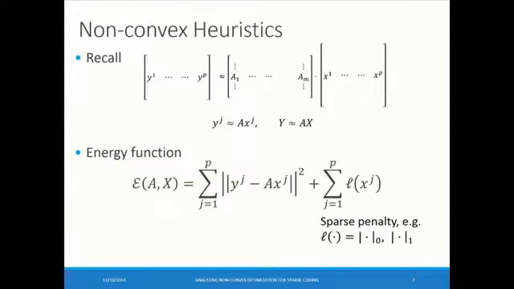Olshausen and Field propose this energy function, which they want to minimize. This energy function consists of two terms. One is this reconstruction error, right? This is just when you fit the model, what is the error? And this is the sparsity penalty, which enforces that this X matrix is sparse.